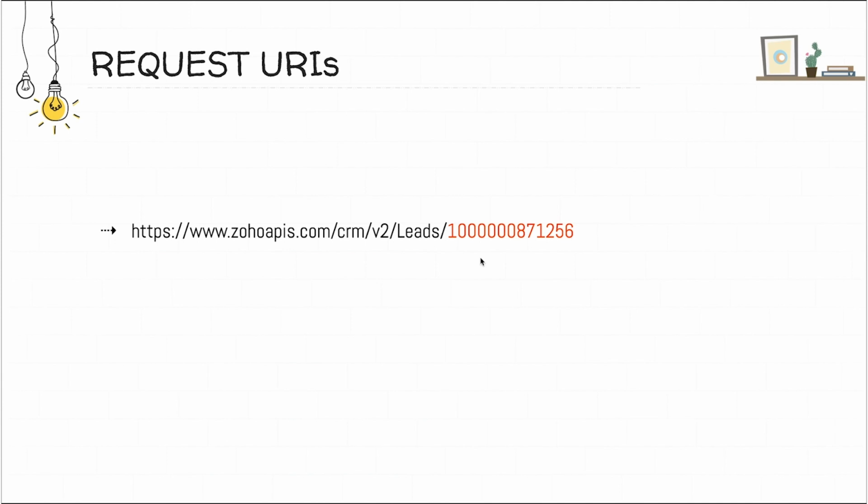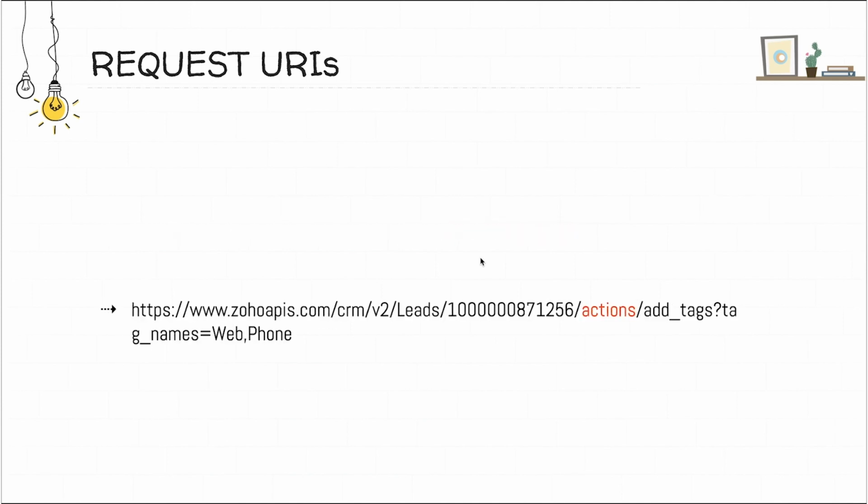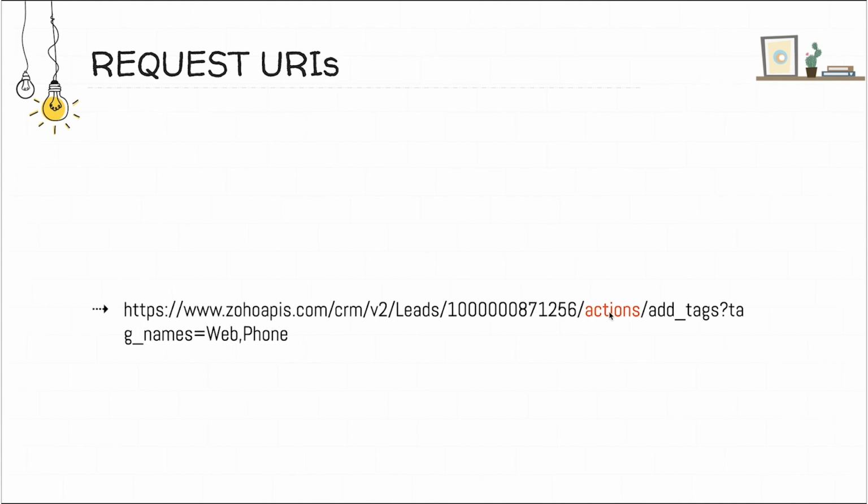And let's say instead of just fetching or inputting information, you would like to perform some actions on the information, for example, adding a tag to a record. In that case, the URL would be something like this: zohoapis.com/crm/v2/leads, the ID of the lead, and there's a parameter called actions.